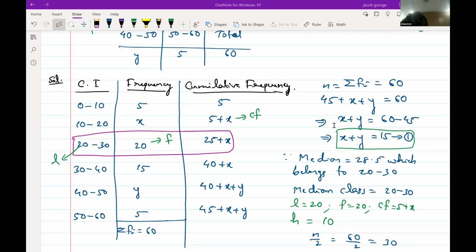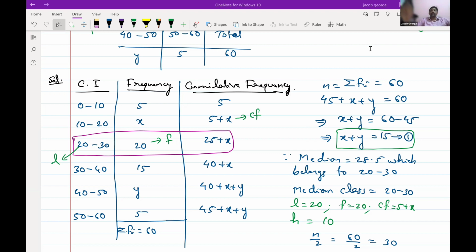So 20 to 30 is the median class. So this is a way of finding median class in missing frequency question. If a mode is given in the question, you will calculate the modal class like this. So median class is 20 to 30. Its frequency is F. Frequency of the median class is F.